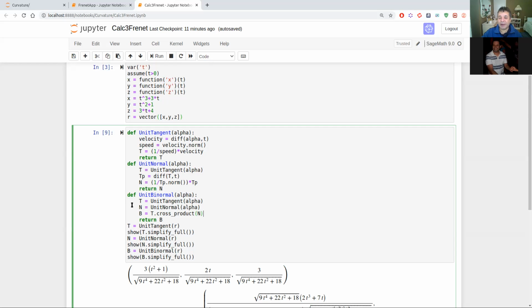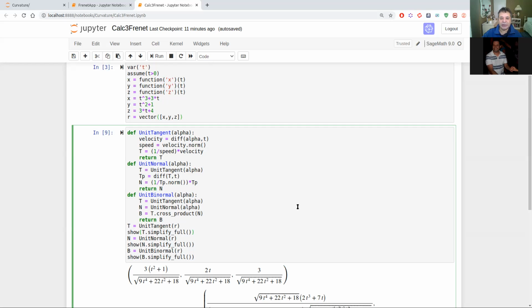And then the unit binormal. I take the unit binormal of a function. It itself calls the unit tangent function and the unit normal function. And then it takes the cross product of the two. So that cross product is an existing function in this program. Okay? And it returns to the user the unit binormal.